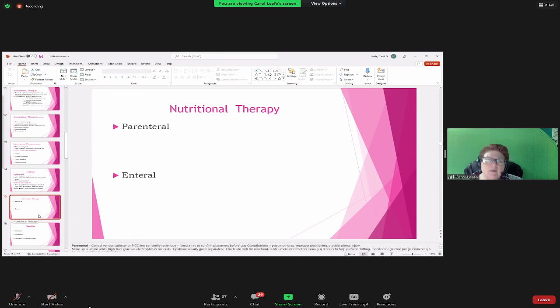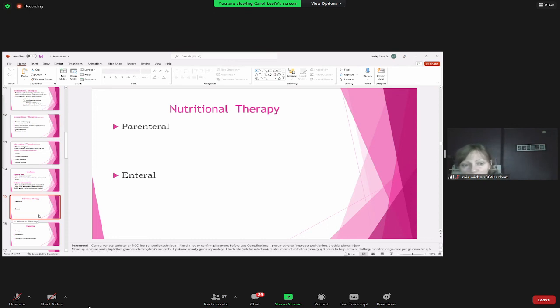A PEG tube goes right into the stomach via interventional radiology. They go through the skin, through the stomach lining, and suture that in, and make sure that's patent, or into the jejunum with a jejunostomy tube.